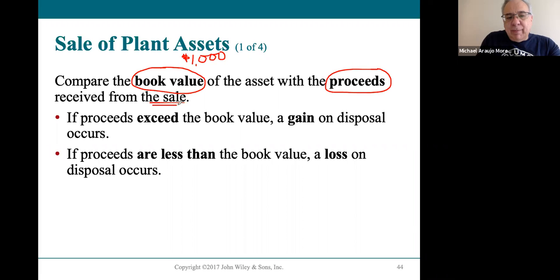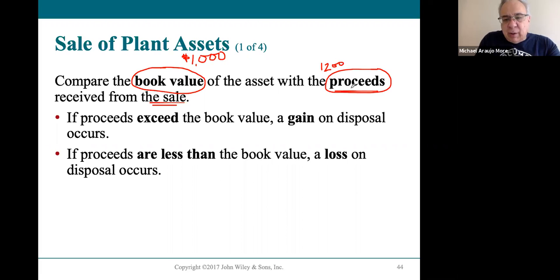And Bill's Pizza decides to sell that. So whatever they sell it for would be the proceeds. So say they sell it for $1,200, right? In this case, the proceeds are greater than the book value.